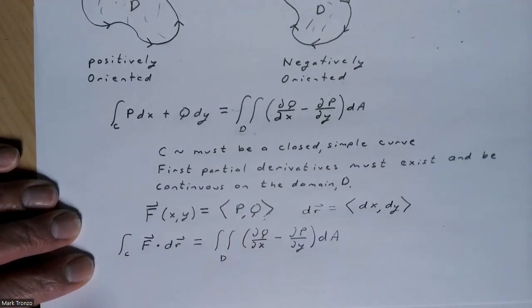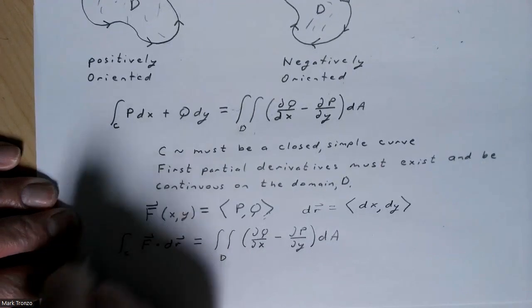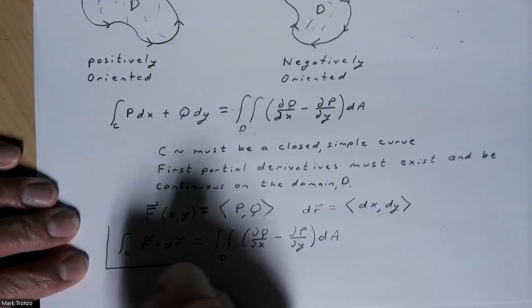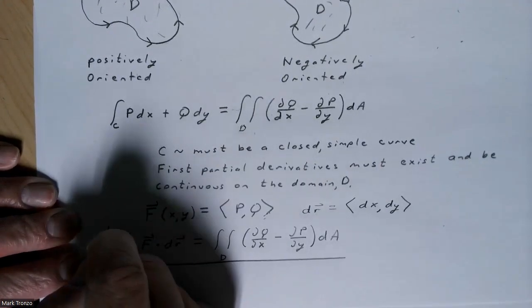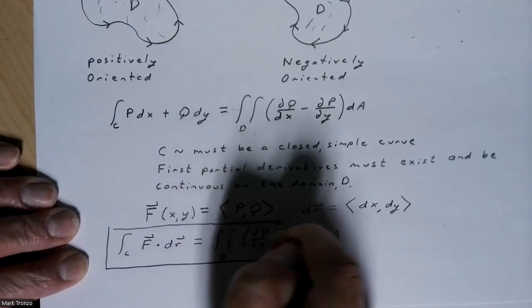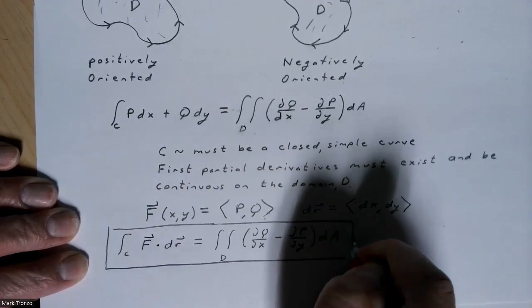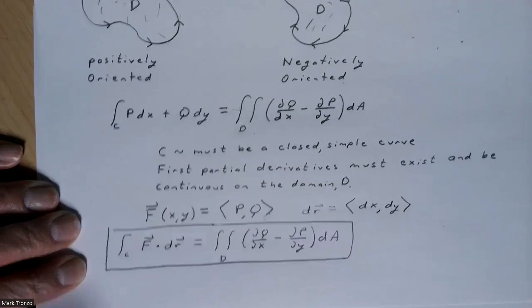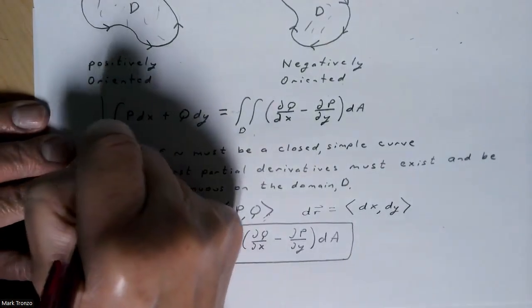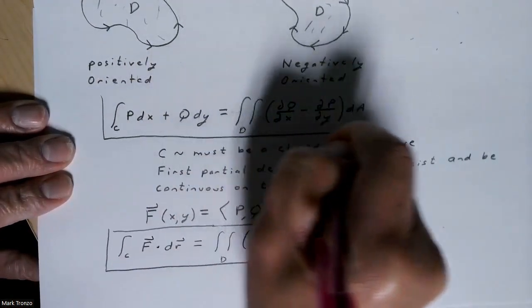Like this. So Green's theorem could be expressed this way, or it could be expressed the way we had it originally up here.